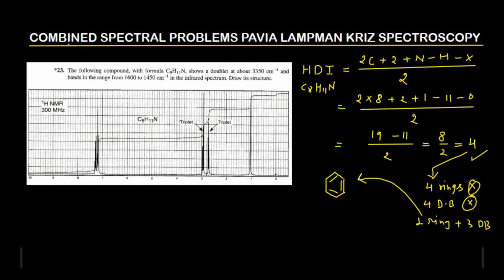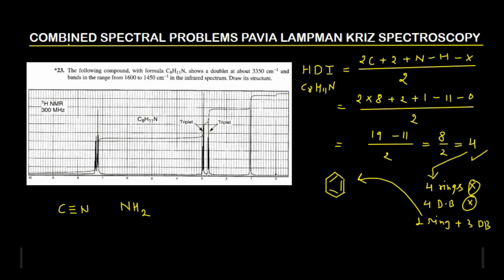Now what you can see, because you have nitrogen, there may be the presence of 2 different kinds of functionality here. First is carbon triple bond nitrogen, and second is NH2, right? For beginners, this may be a great confusion.